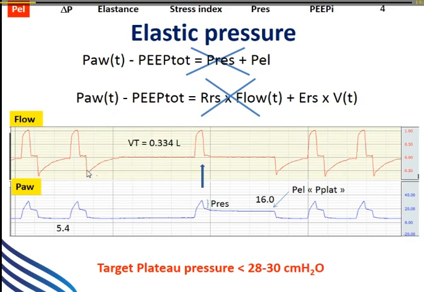You have just to accommodate the setting to obtain a very short period of 0 flow by manipulating the tidal volume, the respiratory rate, the flow, and the inspiratory time during the inspiration here. And you get here, breath by breath, a value which is more or less close to the elastic pressure obtained here, which is named the plateau pressure in the intensive care jargon, if you will.